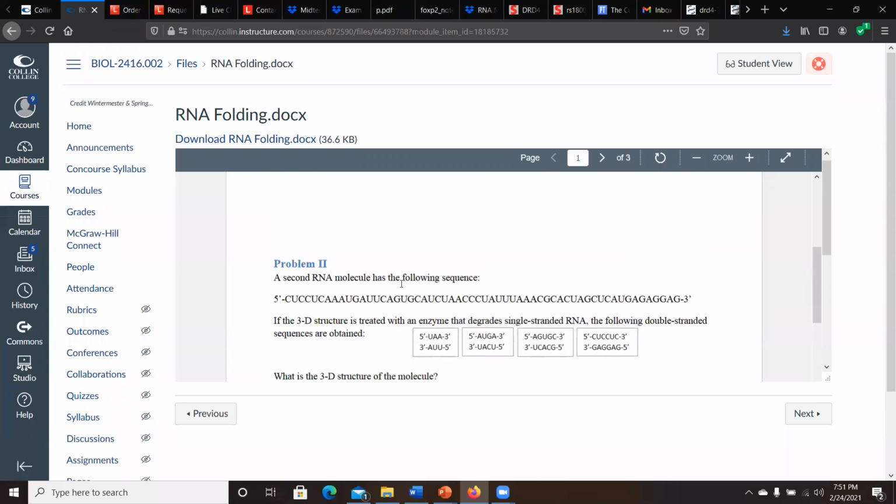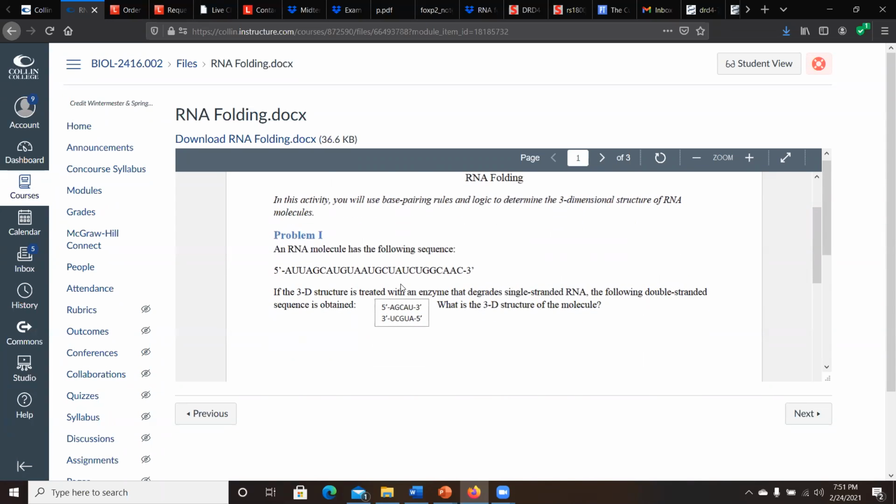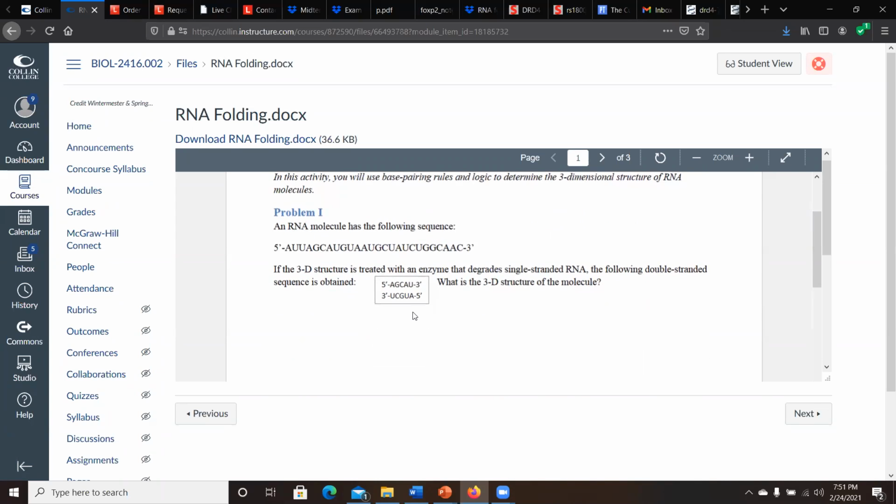And it tells you now, if an RNA molecule has the following sequence, that is the sequence that's on the strip of paper. If the 3D structure is treated with an enzyme that degrades single-stranded RNA, the following double-stranded sequence is obtained. And it has it listed out there.